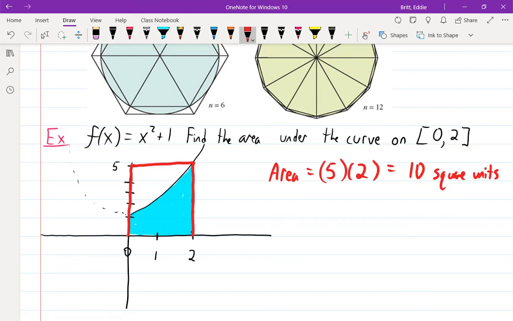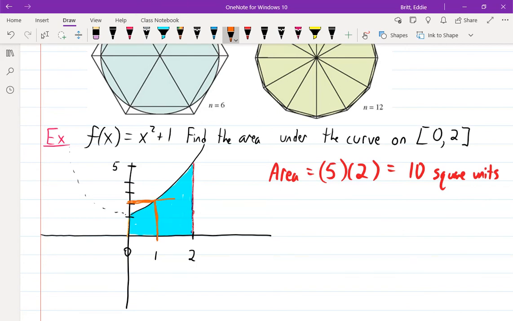Well, what if instead of one rectangle, I said, well, we know this is the number 1 right here, and if I plug a 1 into the function, I should get out a 2. So what if I made a rectangle right here, and then from there I made another rectangle.